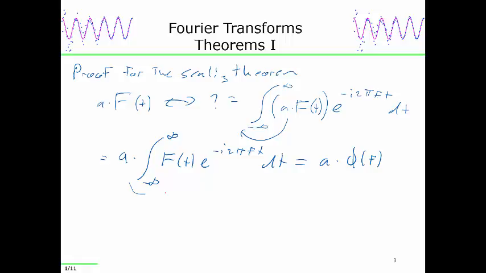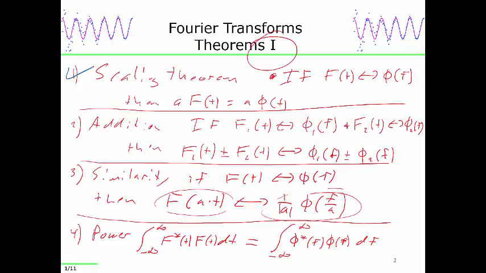Because if you look at this function, this is not a function of time. I'm integrating over time. The only thing that's left is the function of frequency. Okay, yay! Scaling theorem done. Check that one off.